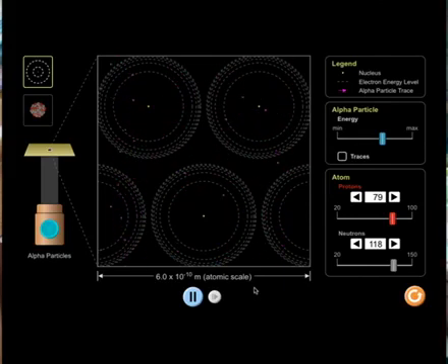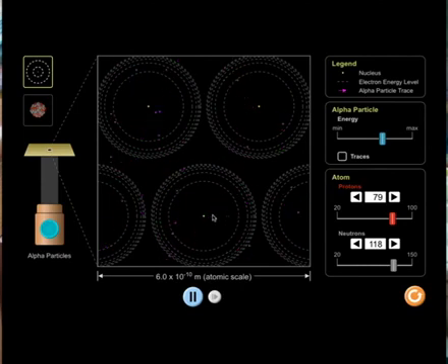Since they were deflected through a range of angles, some of them, the only way that that would work is if they were coming close to something with the same charge. So we know the alpha particles are positive. They knew the alpha particles were positive. So for them to be deflected like that one was, they must be coming close to something which is also positive. And the closer they get, the bigger the deflection is.